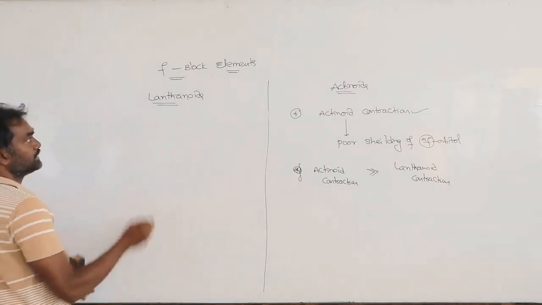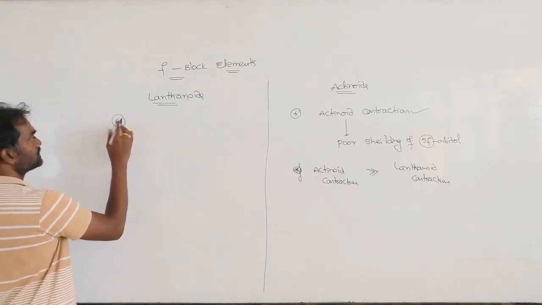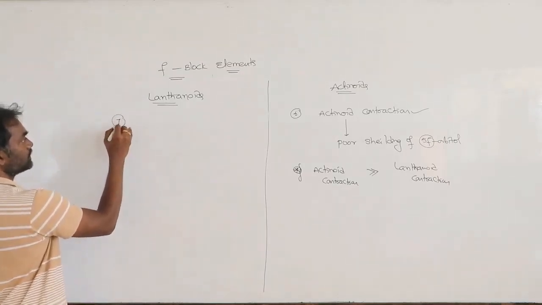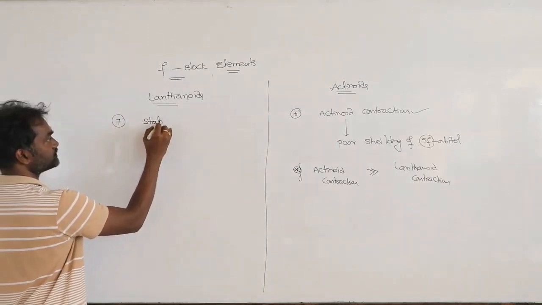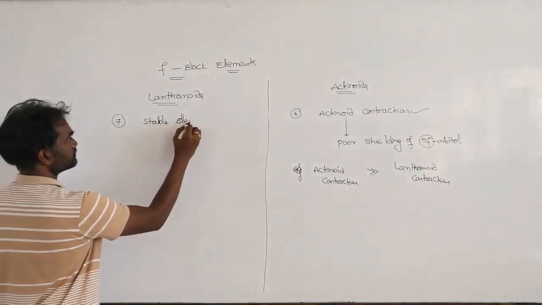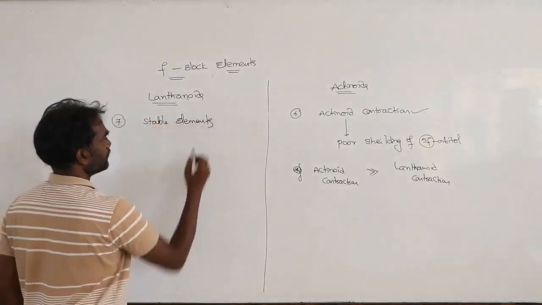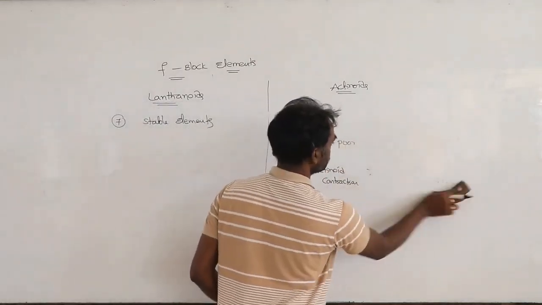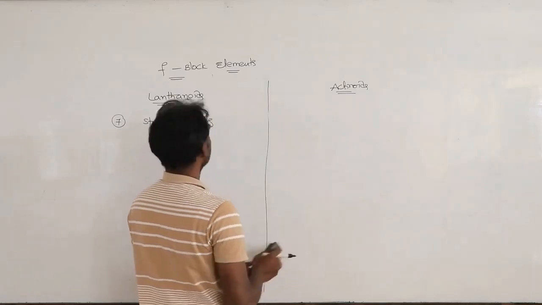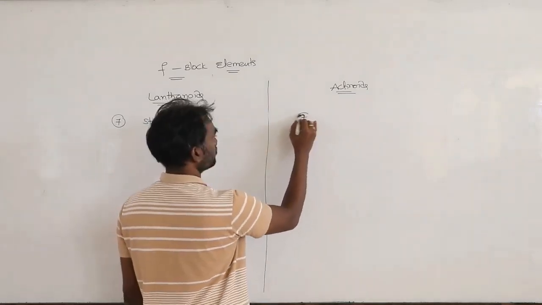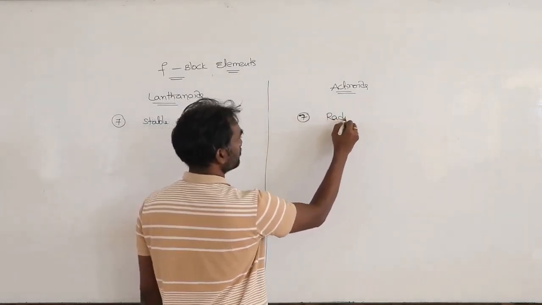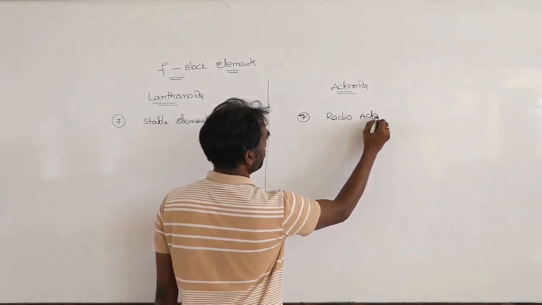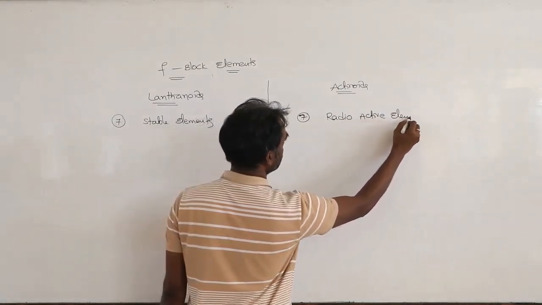Next, lanthanides are somewhat stable elements, but actinides are radioactive elements.